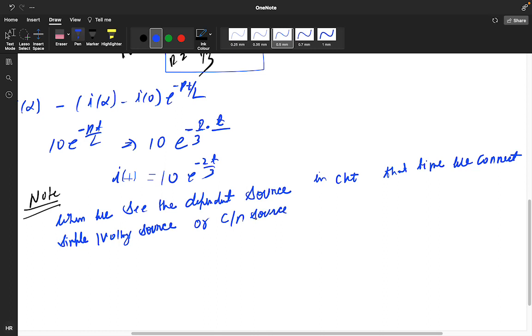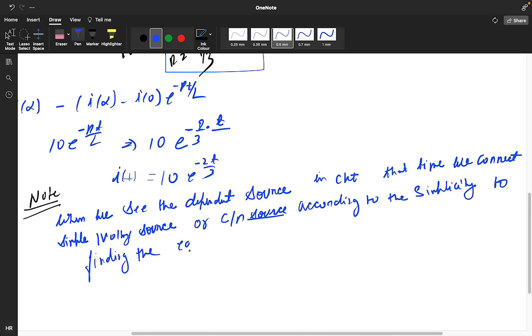It's up to you. If you are connecting the current source, then you need to find the voltage across the current source, according to the simplicity, to find the equivalent resistance.